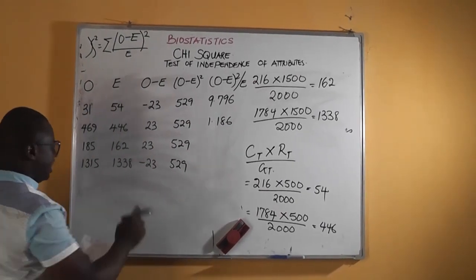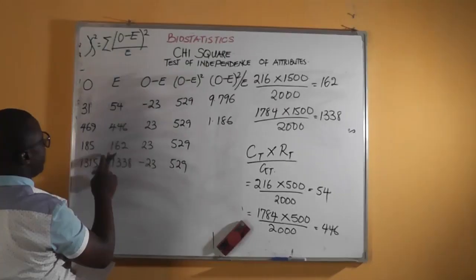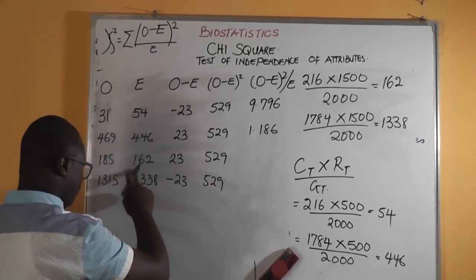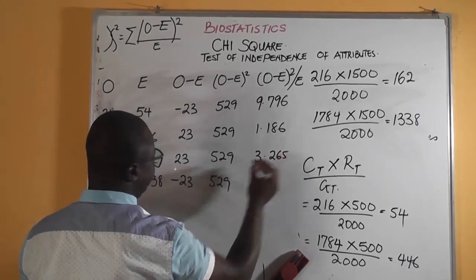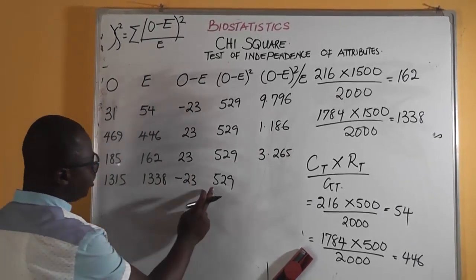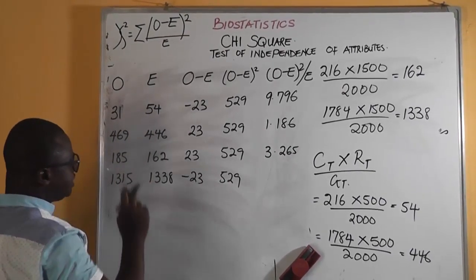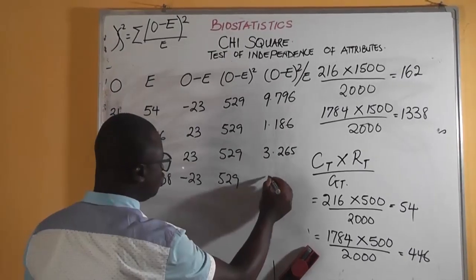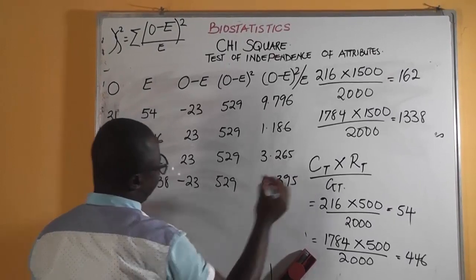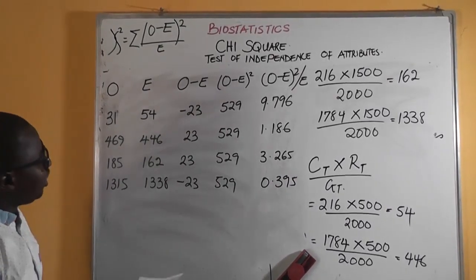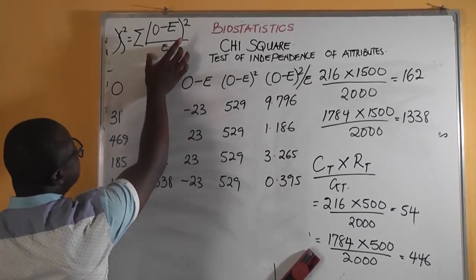Now the next one, if you divide 529 by 126, it will give you 3.265. The last one, if you divide 529 by 1338, it will give you 0.395. Now, what is chi-square? Chi-square is the summation of this column.